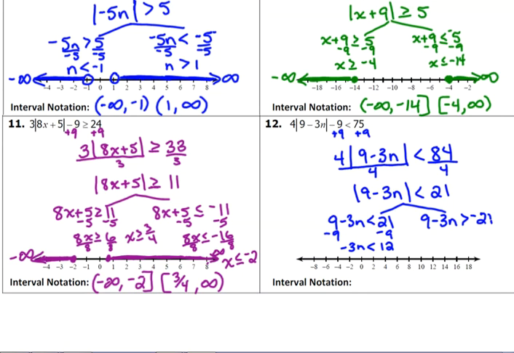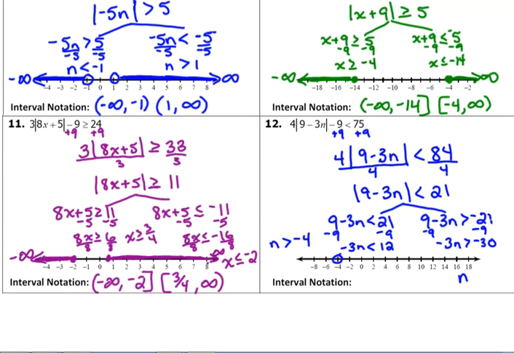Divide by negative 3, so n is greater than, we divided by a negative number, so it's greater than negative 4. I have a feeling this is going to be one of the ones that's in between, so I'm not going to shade too much yet. Subtract 9 from both sides, negative 3n is greater than negative 30.